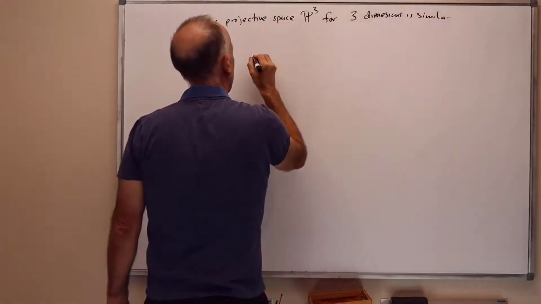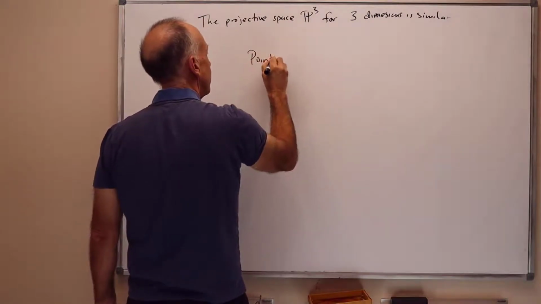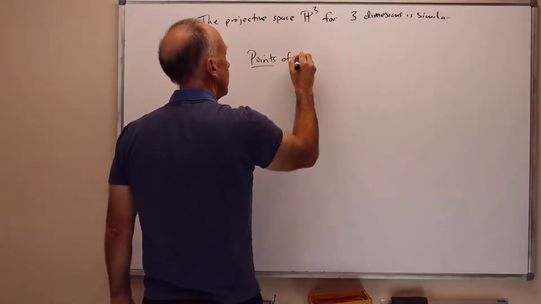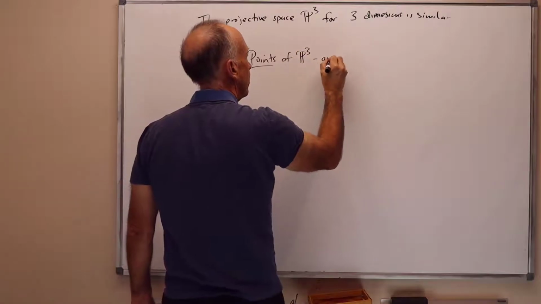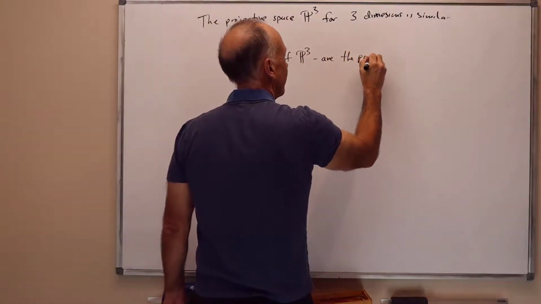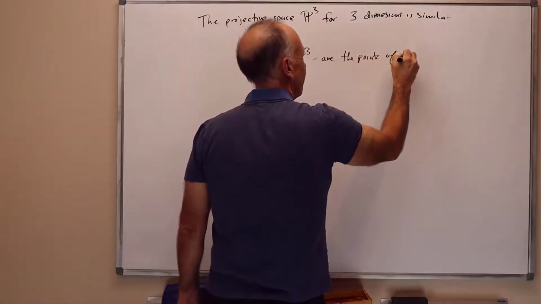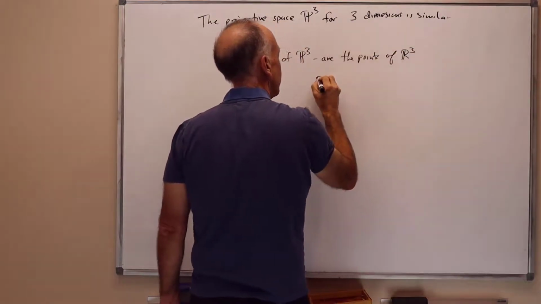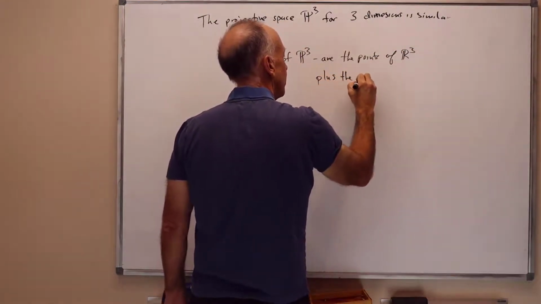So now the points of P3 are the points of R3 plus the points at infinity.